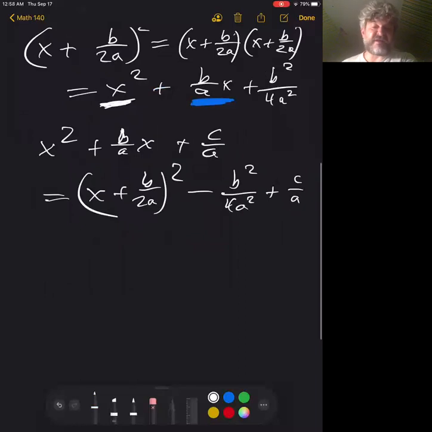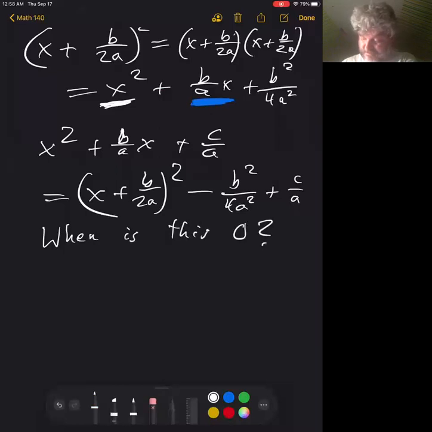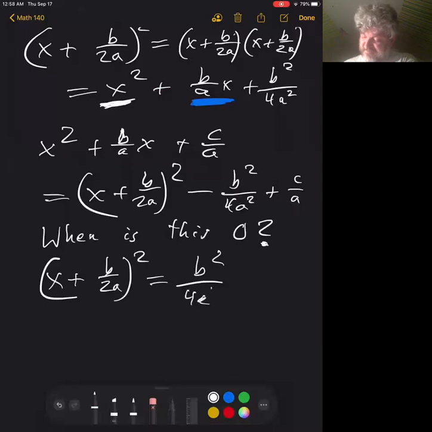And we want to investigate, when is the whole thing 0? Well, it happens when the perfect square, x plus b over 2a, quantity squared, is equal to b squared over 4a squared minus c over a.